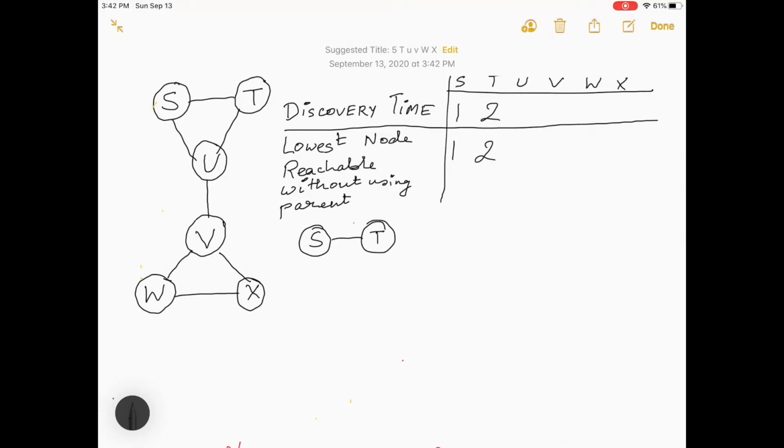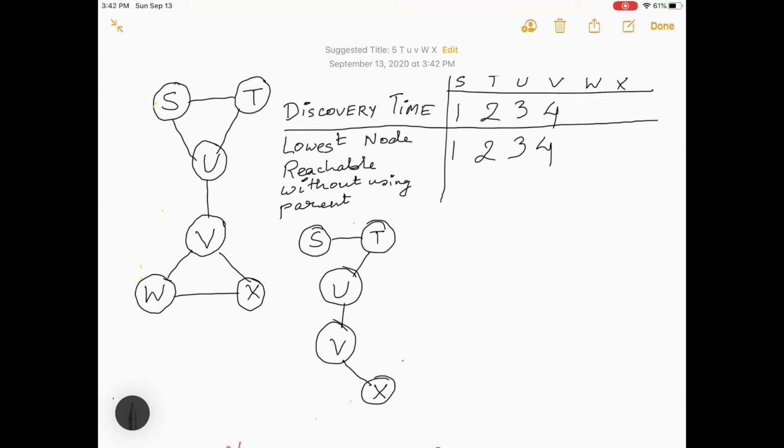So I will put 2 for T and 1 for S, and then we go to U, then V. So V will be discovery time 4, and we initialize the earliest discovered node reachable as 4.